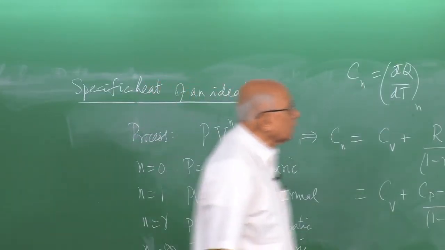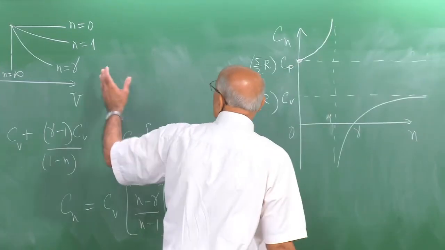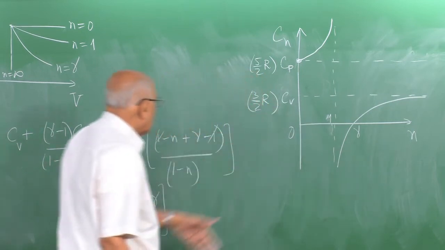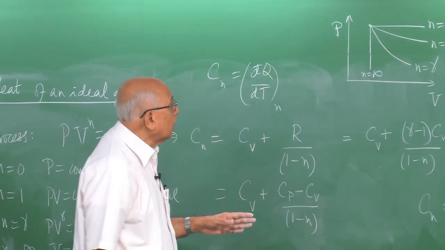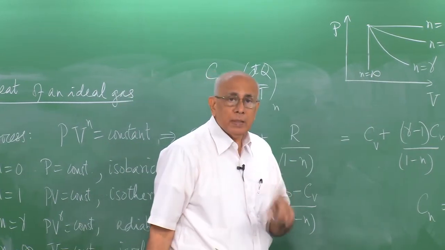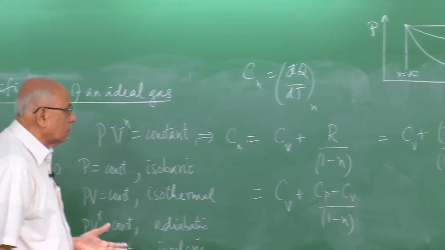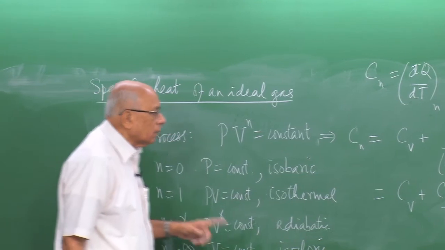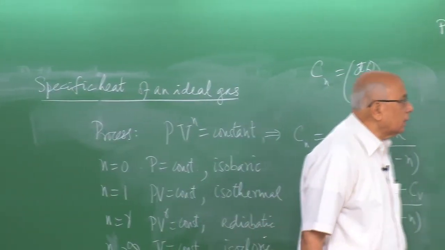Corresponding to these 4 processes, you have specific heats here which are respectively Cp in this case, Cv in this case when n tends to infinity, when n is 1 it is infinite, and when n is gamma it should be 0 on an adiabat because dq is 0, ds is 0 for an isentropic process. So at n equal to gamma the specific heat should vanish, and indeed it does so here in general.